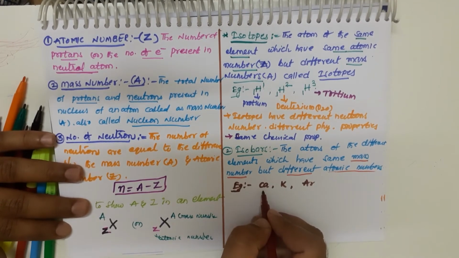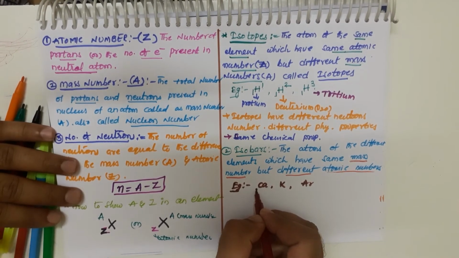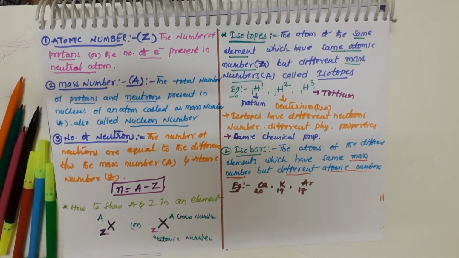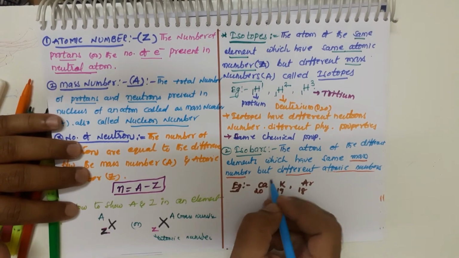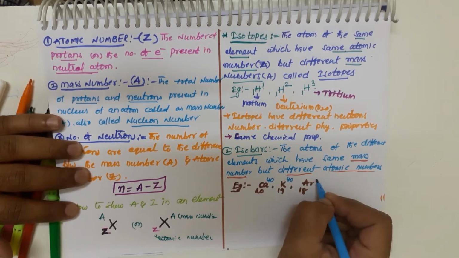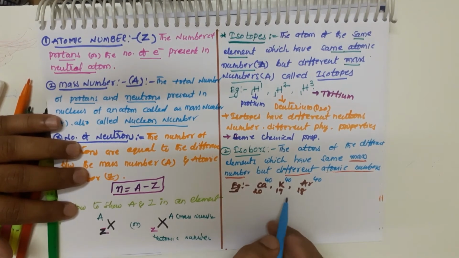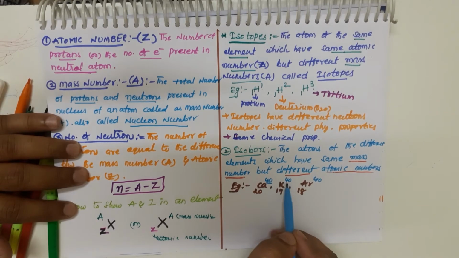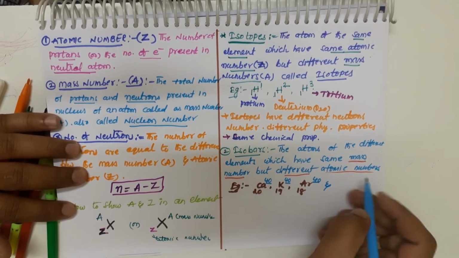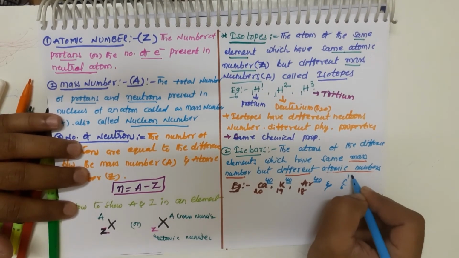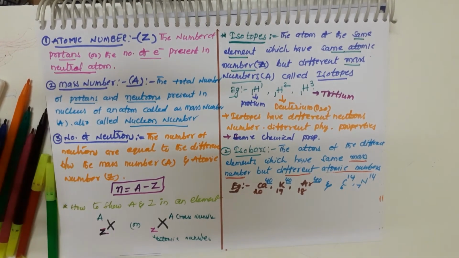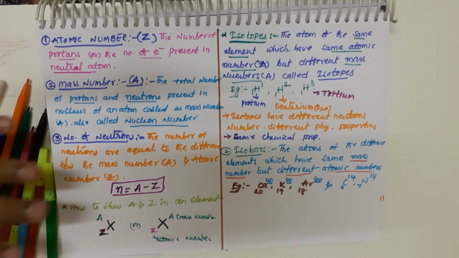Atomic numbers are 20, 19, 18, but the mass numbers are calcium 40, potassium 40, argon 40. Here the mass number is the same, that's why these are isobars. Another example is carbon 14 (6C14) and nitrogen 14 (7N14), also a good example for isobars.